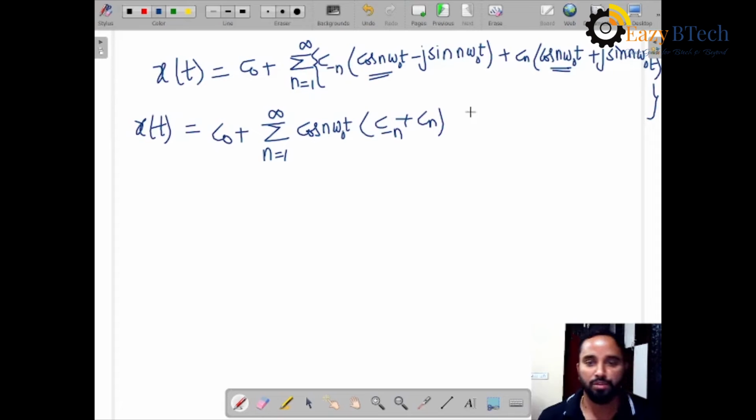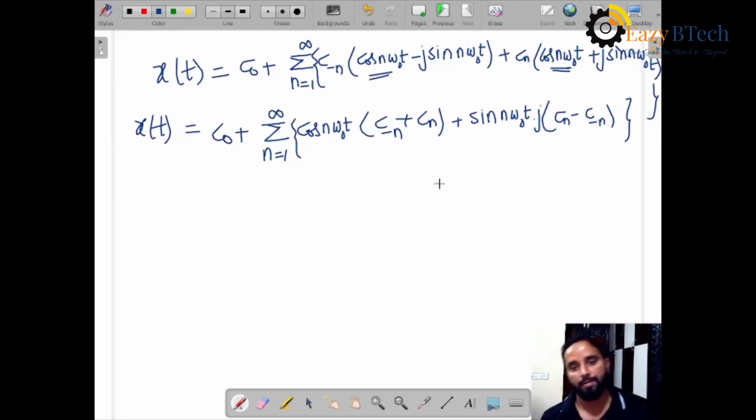And similarly sin n omega naught t is common. j also you can take common, since in both we have j. So here we have cn, and here minus c minus n.